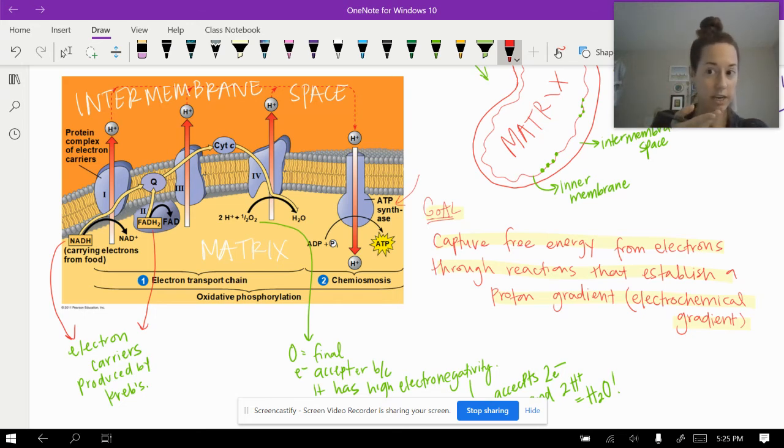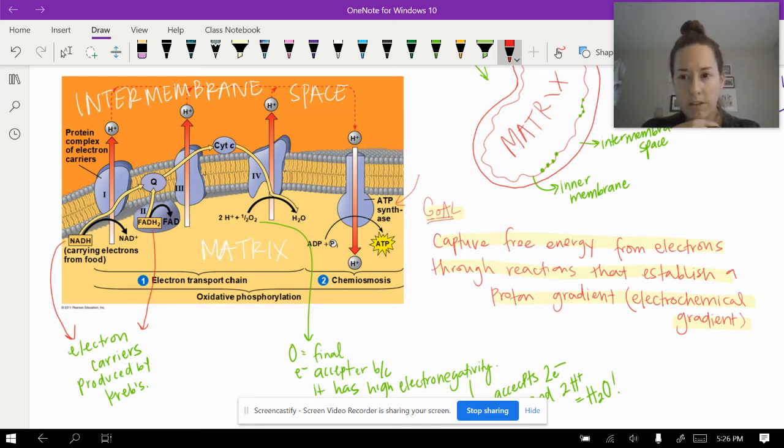This is just another type where the energy to combine the ADP and the phosphate is not coming from the substrate. It's coming from the electron transport chain, oxygen accepting the electrons, and the proton gradient being formed.